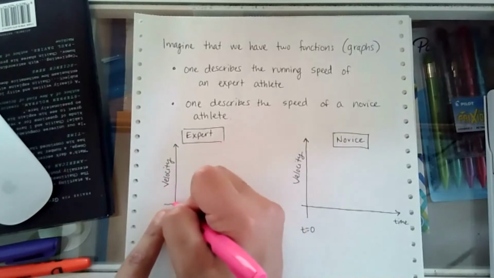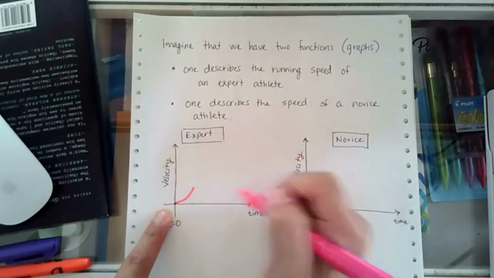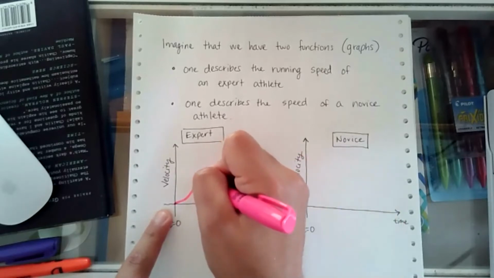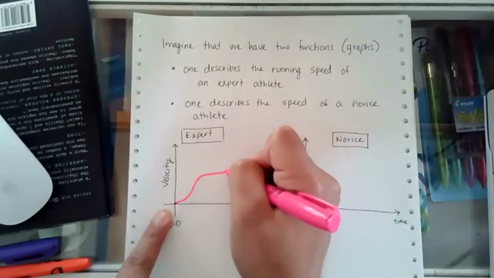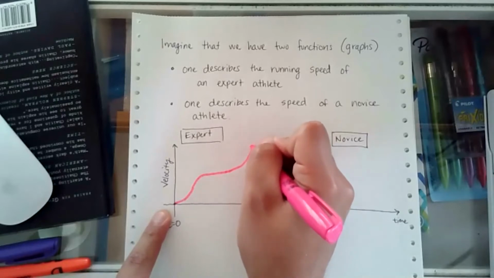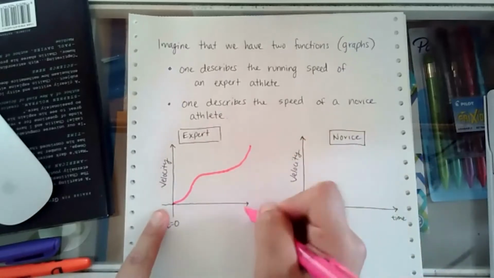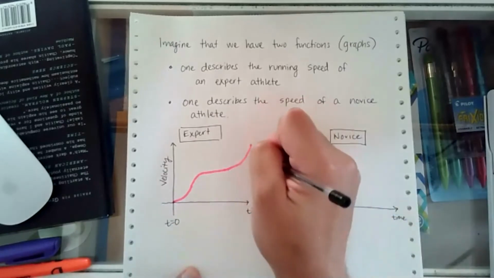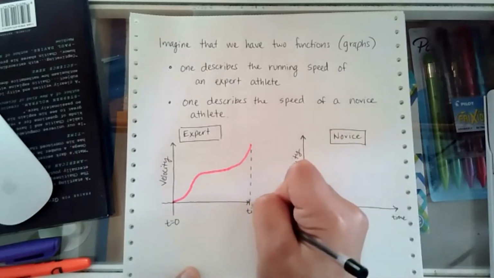They should start at 0, and the expert would probably gradually increase speed and then maybe level off at a certain point along that race to some coasting speed, some very comfortable speed. And then maybe at the very end of the race, they would stop or be at some higher speed. And let's say that they get to the finish line here at, I don't know, maybe the race was a 10-minute race.